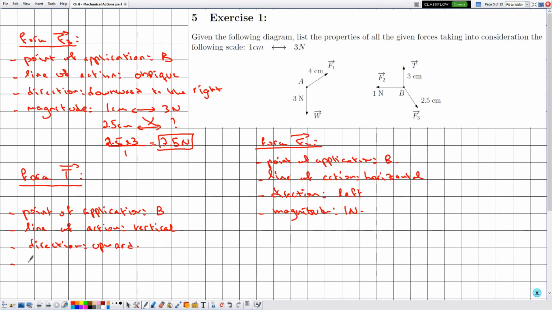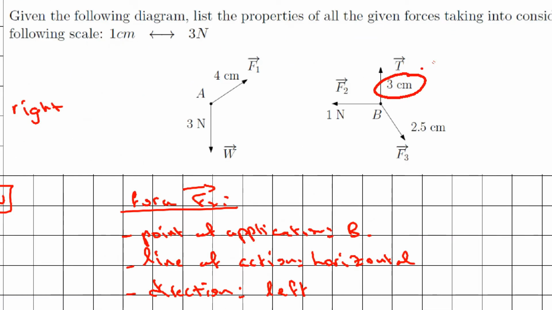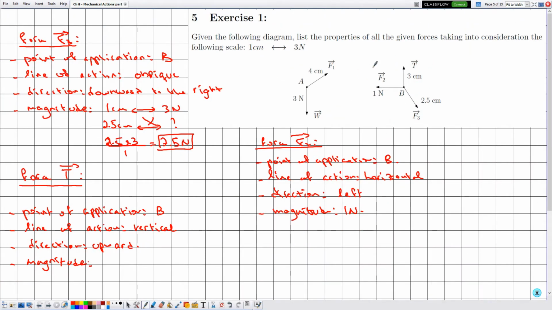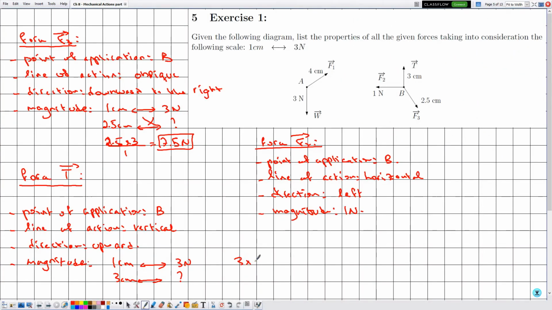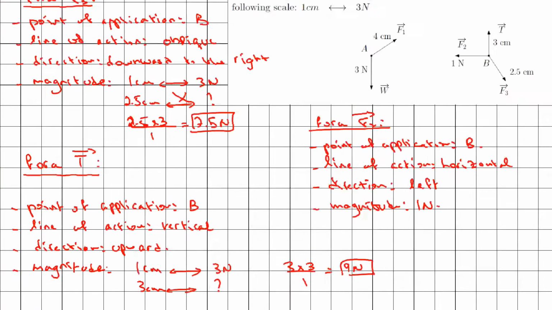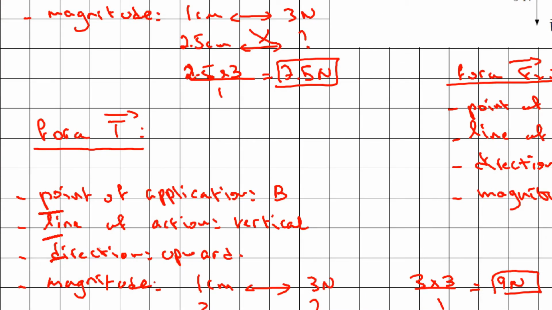As for the magnitude, here the length of the vector is given and not the magnitude, and in order to determine the magnitude we need to use the scale. If each 1 centimeter corresponds to 3 newtons, what about 3 centimeters? It corresponds to how much? Then if we crisscross, 3 multiplied by 3 divided by 1 is equal to 9 newtons. And as you can notice, I have listed them in the following order, which is the builder.